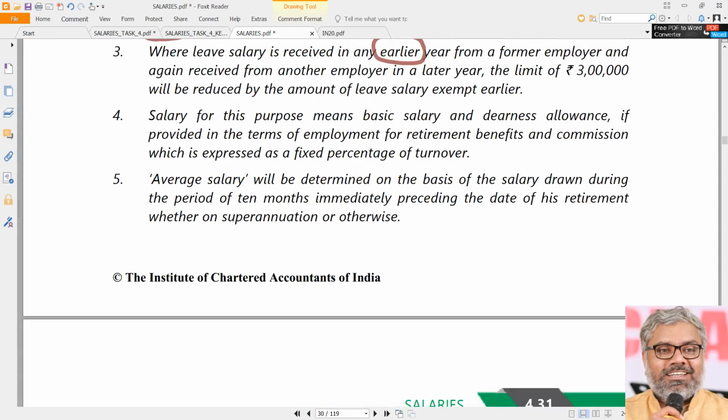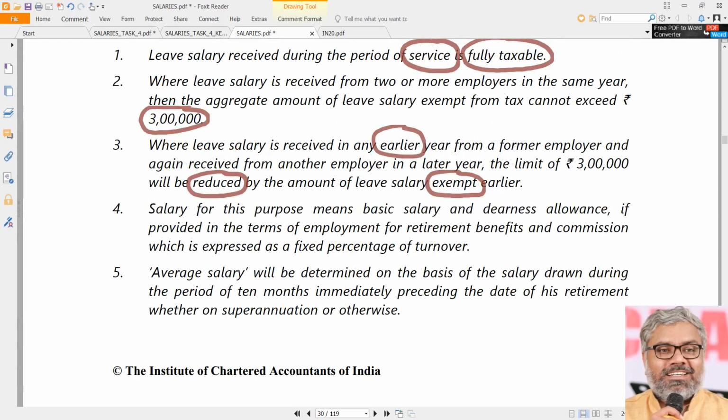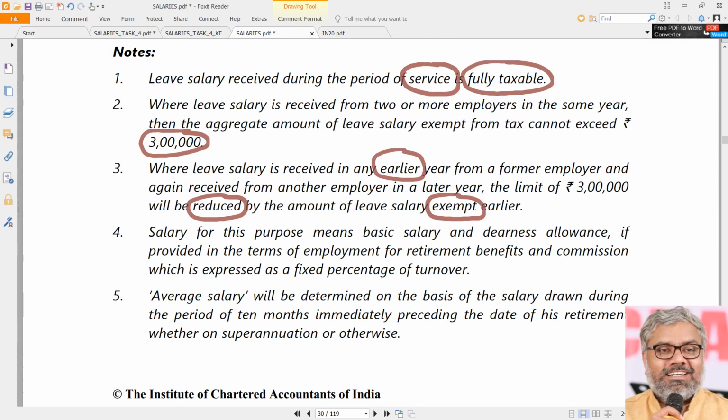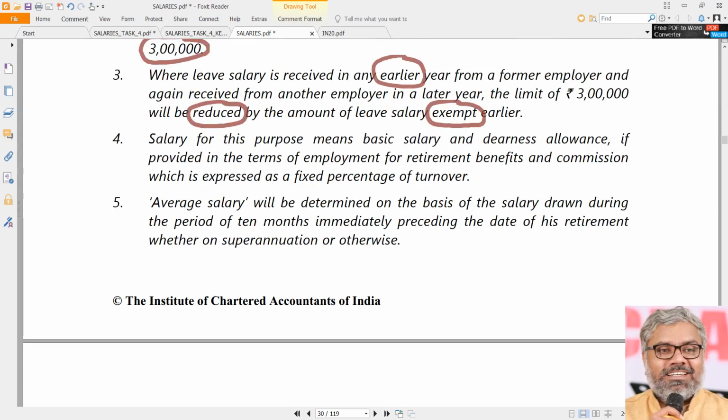So the statutory limit itself will get reduced by the amount of leave salary that was exempt earlier. Once again, both these points tell the same thing: this 3 lakh rupees is the maximum exemption that any person can get for leave salary in his entire lifetime.